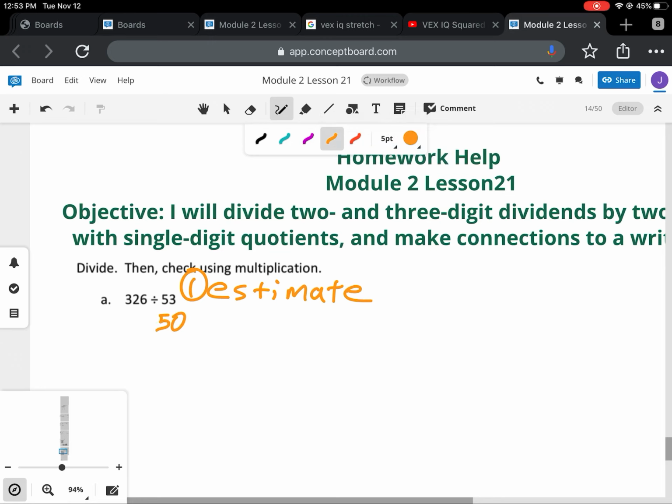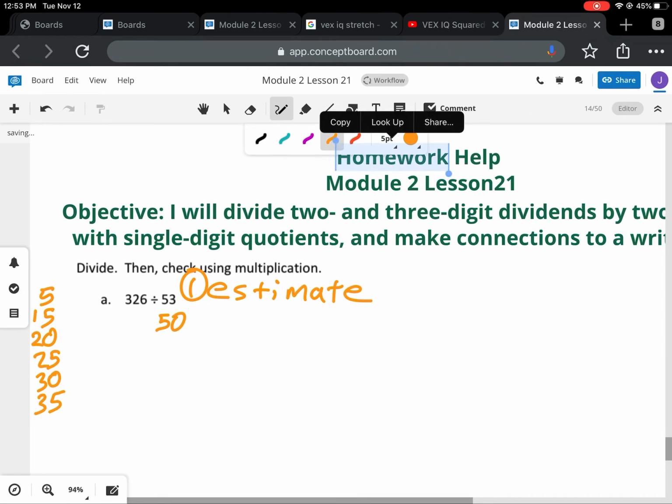So the 53 is going to become a 50, and over here I'm going to do my 5 timetables, and then add a 0 to the end, so I'm counting by 50. And the closest one that I see is the 30 or the 35.